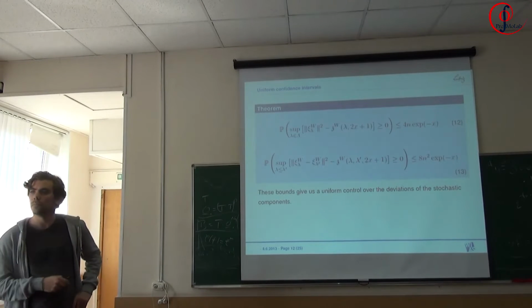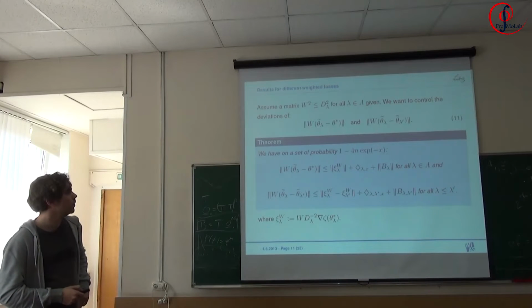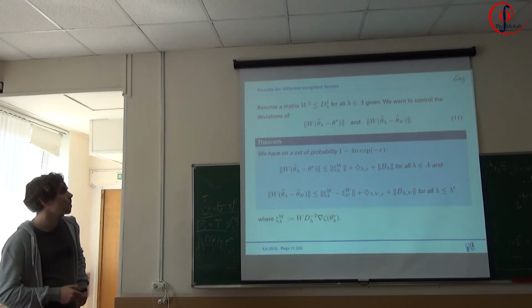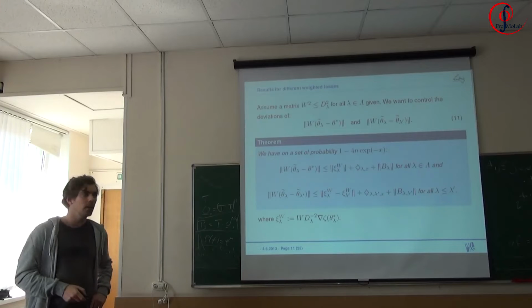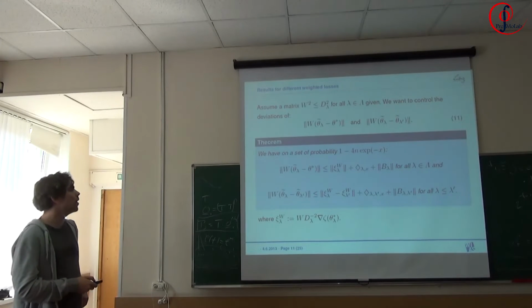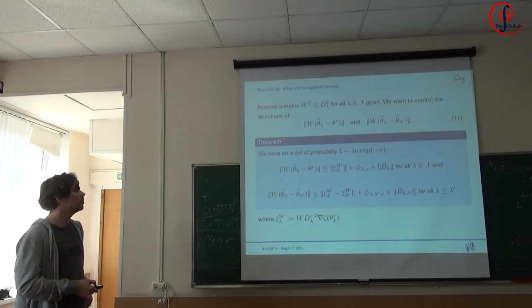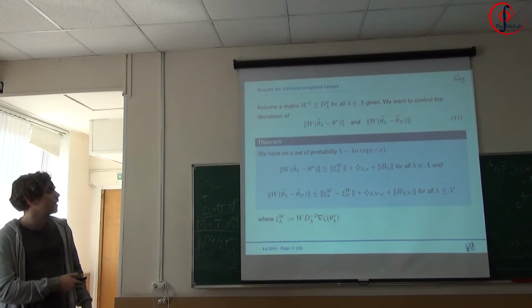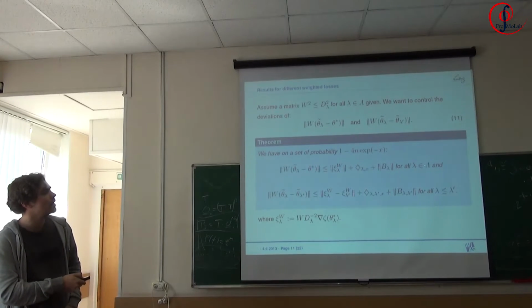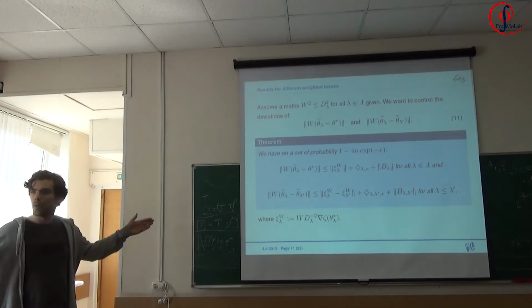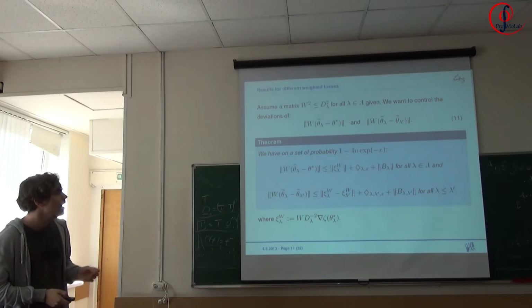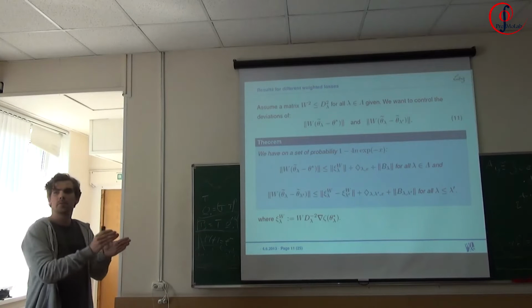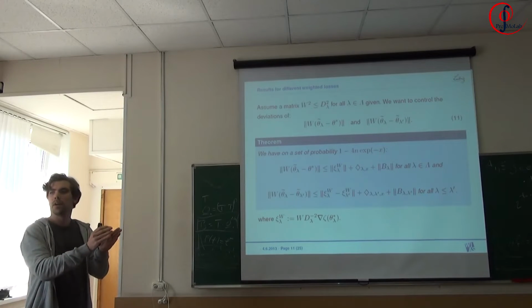Yes. Where does this n come from in probability? I mean, is it the size of big lambda, or what? This n comes from, basically, you first split your parameter range. Let's say this is your lambda from 0 to infinity, and then you split it according to the p lambda values.